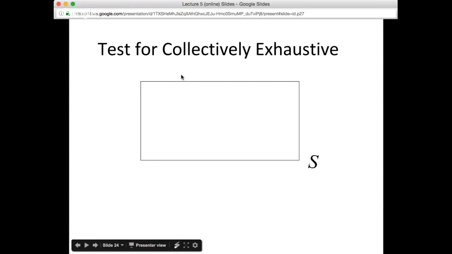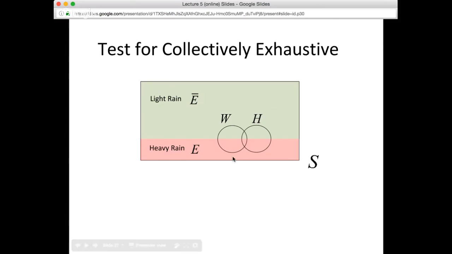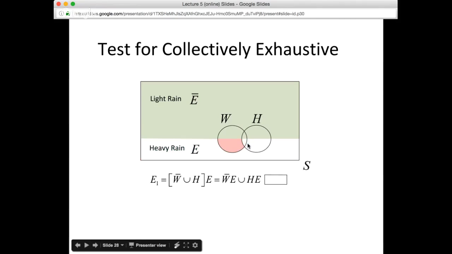So we start again with the possibility space, which consists of either light rain or heavy rain, rain of some form. And then within that possibility space, we have the event where there is a well-compacted clay layer, or we have the event where there are holes in the geotextile. And so we wanted to look at event 1.